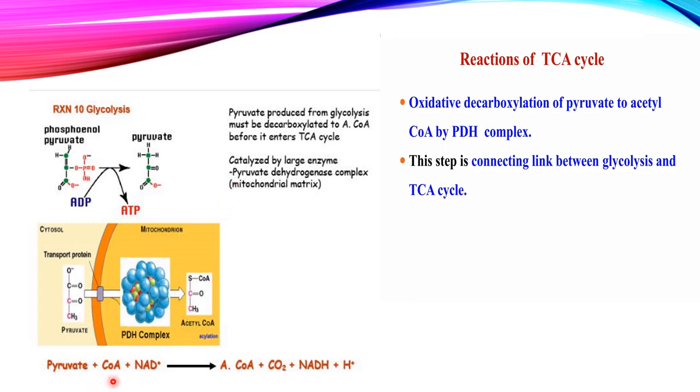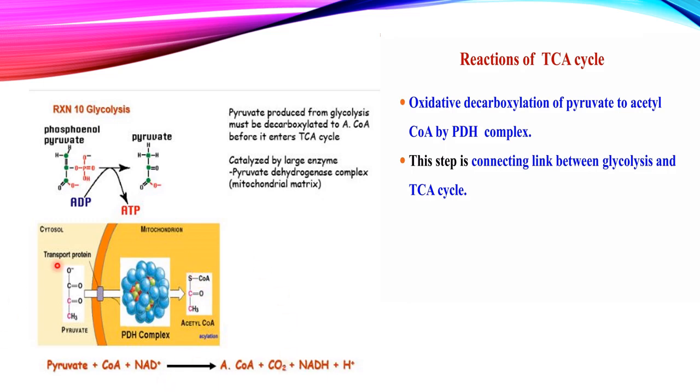The pyruvate, in the presence of CoA and NAD, is converted into acetyl-CoA, where NAD is reduced to NADH, decarboxylation has occurred, and CO2 is generated.